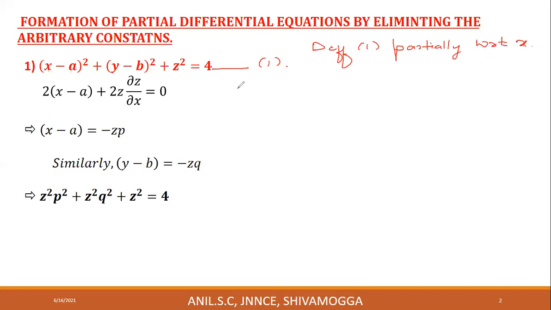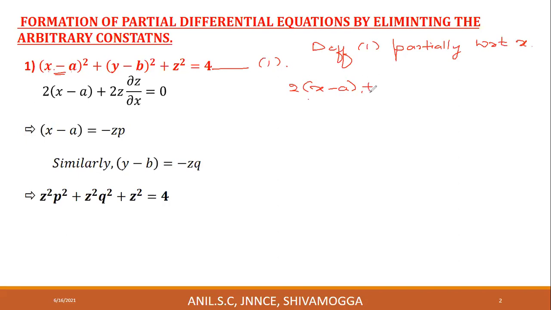Derivative of (x − a)² is 2 into (x − a) into the derivative of (x − a) with respect to x, which is 1. The derivative of x is 1 and that of a is 0.